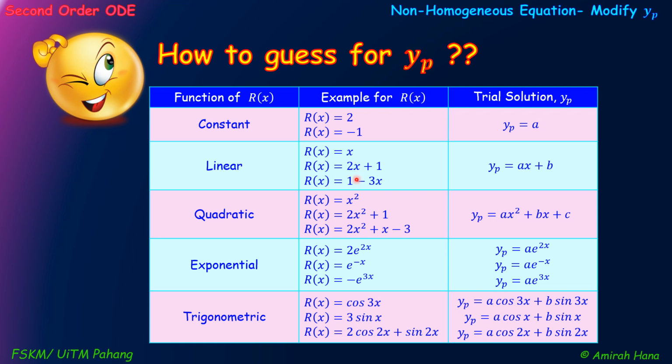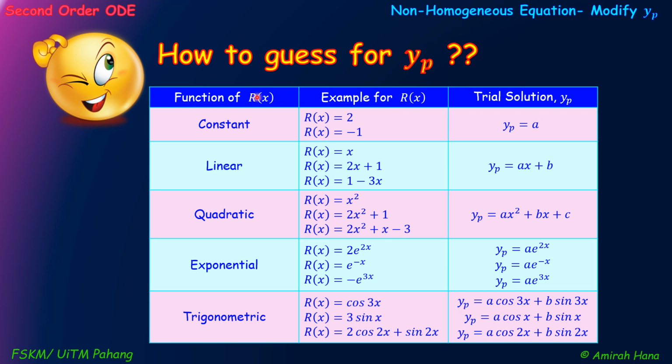And maybe linear function 2x plus 1, or maybe 1 minus 3x. So our trial solution YP equals AX plus B, right?